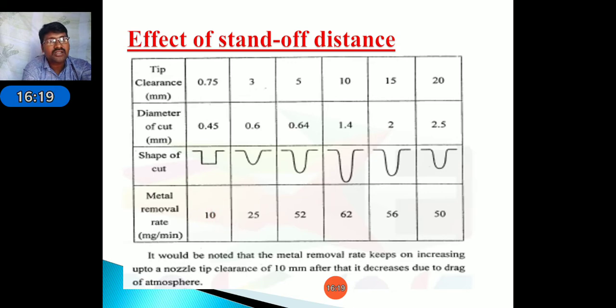By increasing the standoff distance, the MRR increases: 25, 52, 62, and then 56 and 50. That is, by increasing the distance, the material removal rate reaches a maximum at one point, where the distance is 10. At that point the maximum MRR is 62, and after that it reduces.